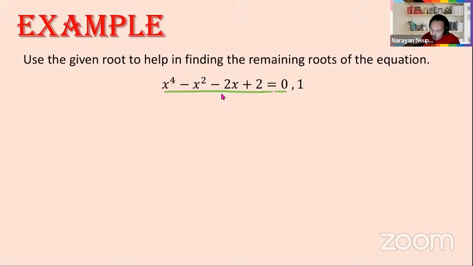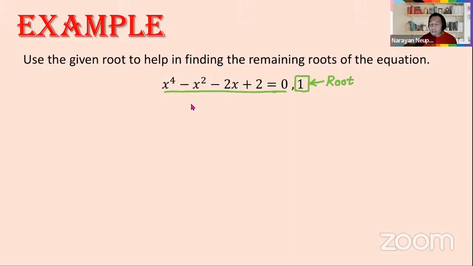Meaning of that is, we'll have 4 roots, and one of the roots is already given. This is the root. Okay, so now we are going to solve this one and then find the remaining roots.